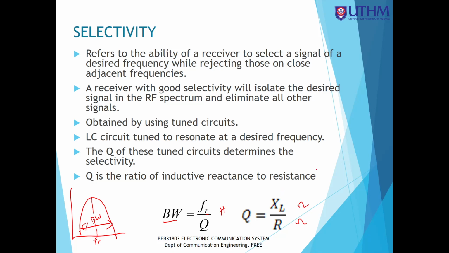This inductive reactance is not XL. XL is the size of a shirt. Dia bukan size baju. So this inductive reactance is 2 pi F resonant L, multiplied with the inductor, or omega L. Normally when we ask about the selectivity parameter, we ask about the Q factor.